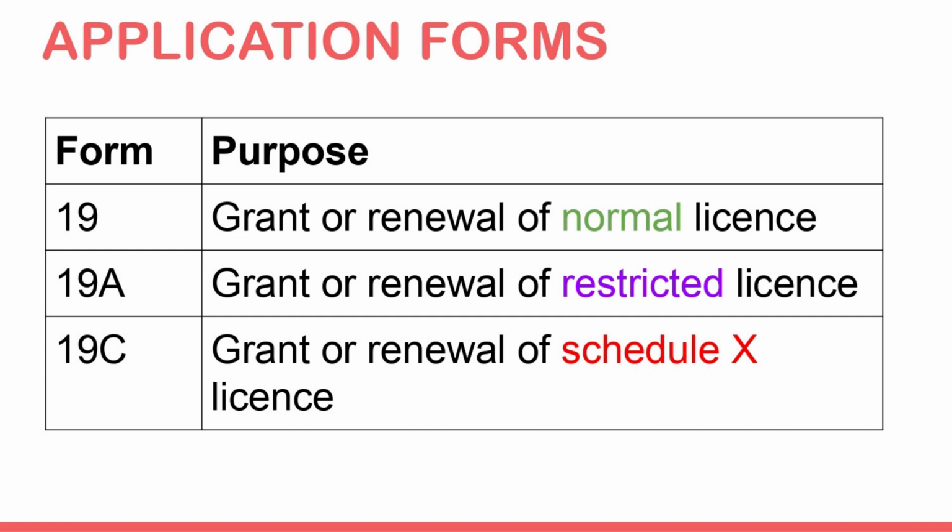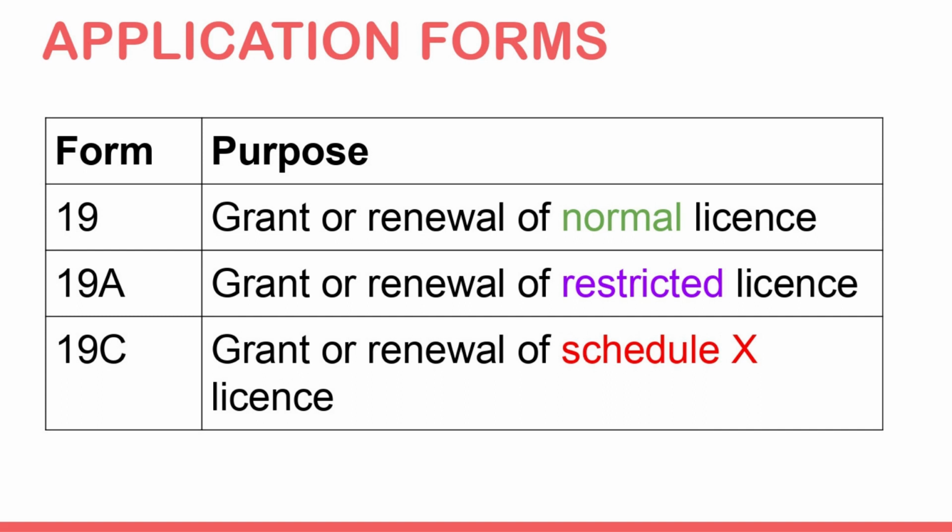Now form number 19A. As mentioned earlier, A is for restricted license. You remember the word air. Form 19A is used to apply for a new restricted license or to renew the existing restricted license.